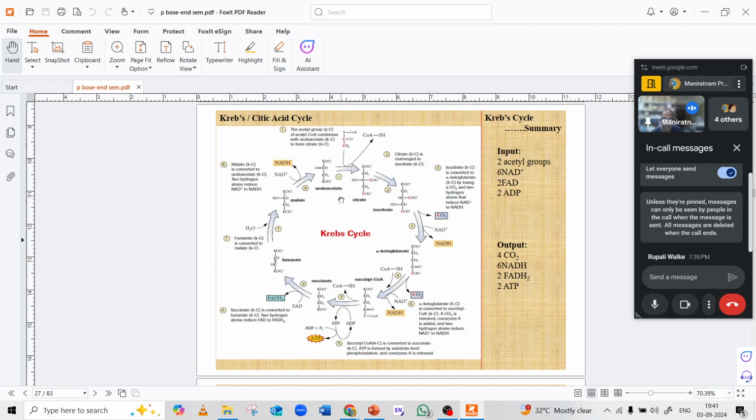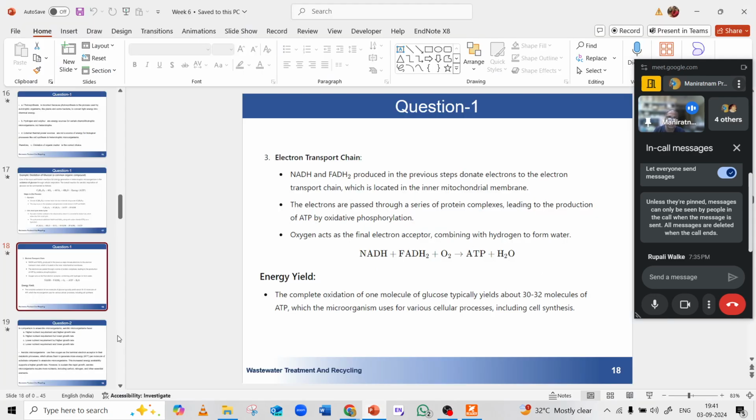You can see it has started from a simple acetyl group, and finally it gives output as CO2 and 6 moles of NADH and so on. The point of showing this is so that you can get an idea of how things work.